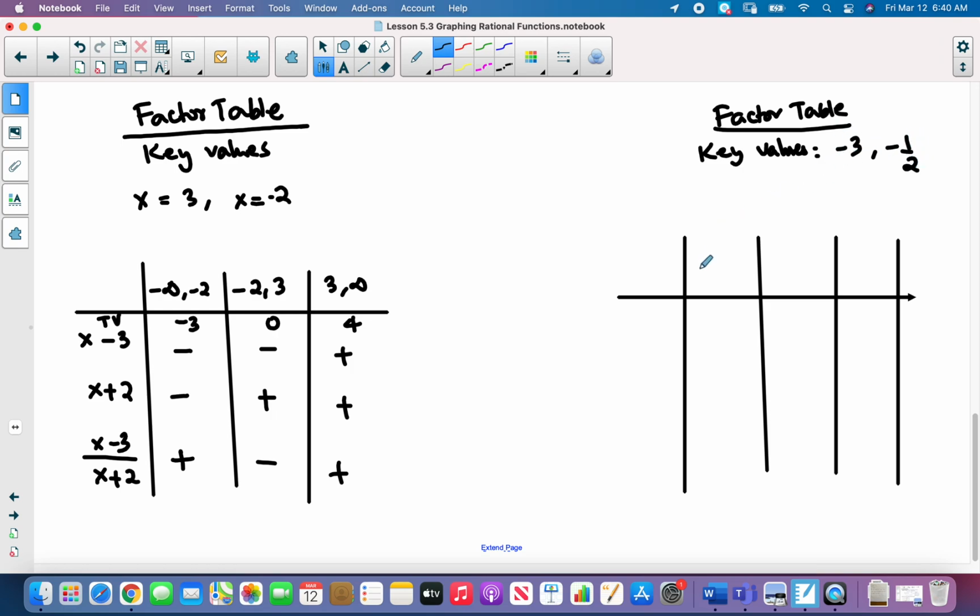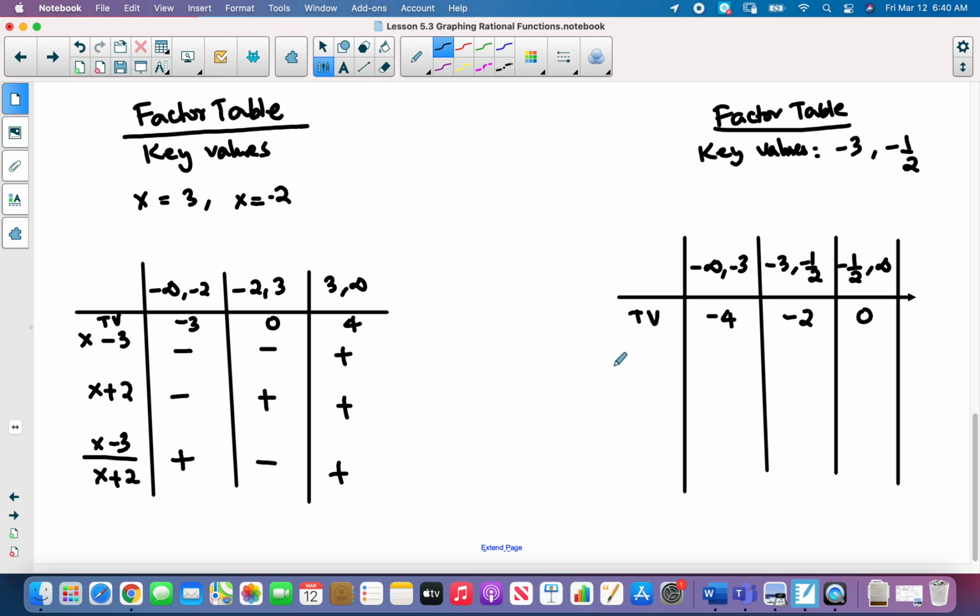So we're going to go from -infinity to -3, then from -3 to -1/2, then from -1/2 to positive infinity. So those are going to be our intervals. For test values, this can be -4. From -3 to -1/2, we could take, say, -2, and from -1/2 to infinity, we could take 0.